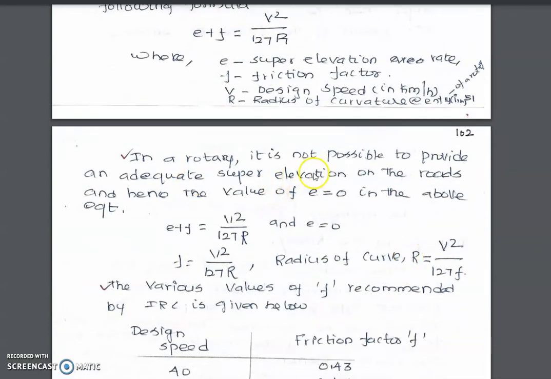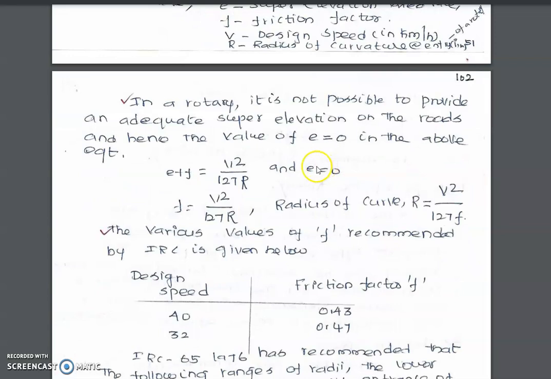In a rotary, it is not possible to provide adequate super elevation on the roads, and hence the value of E is equal to 0 in the above equation. So E plus F is equal to V squared by 127 R, and E equal to 0 means we get only friction. So F is equal to V squared divided by 127 R. Then we cross multiply, so R is equal to V squared divided by 127 into friction.